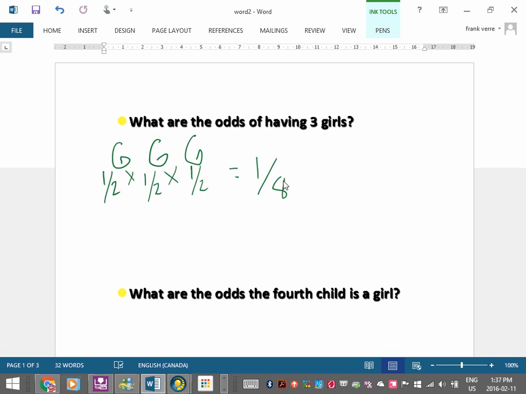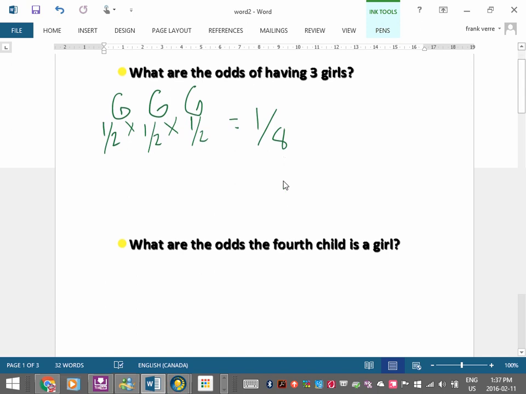Now, we could say, what are the odds the 4th child is a girl? What do you think the answer is? Some of you think it's 1 out of 16? Chantal, what do you think?